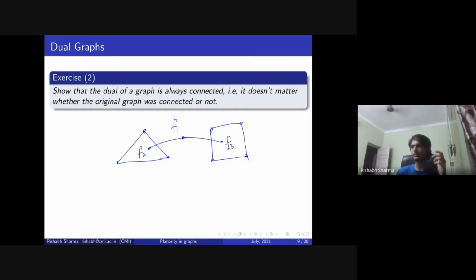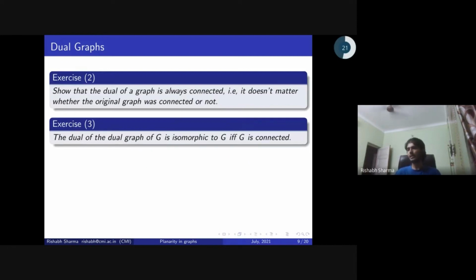Okay, let's try to move on. This is another exercise you guys can do. The dual of a graph G is isomorphic to G if and only if the graph G is connected. So what am I saying is, suppose you have a graph G, its dual is G dash, and you take the dual of the dual, so you get another graph which is G double dash.